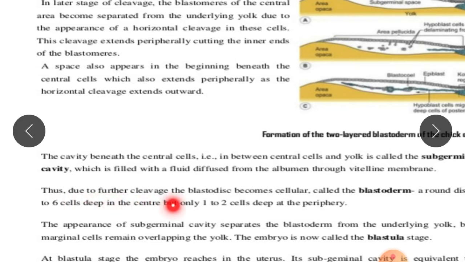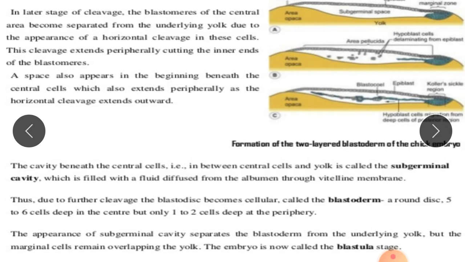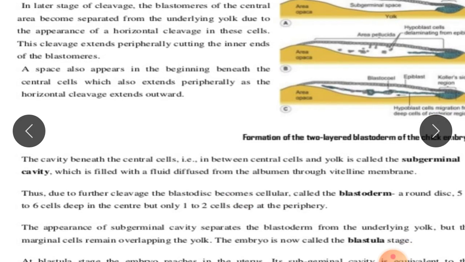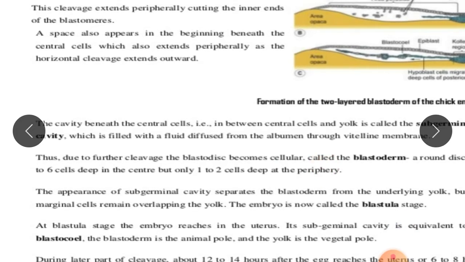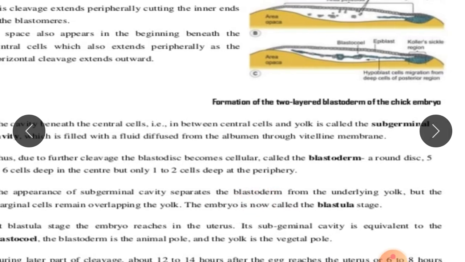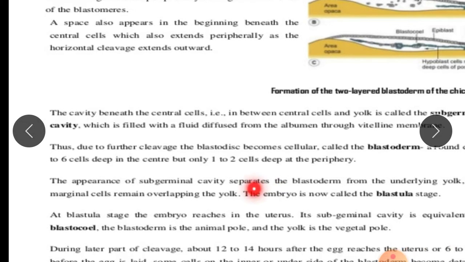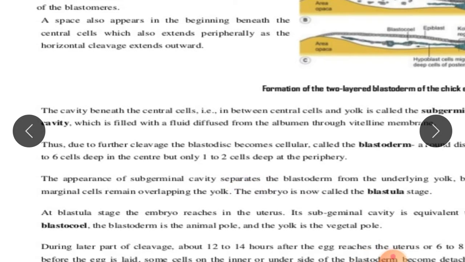Thus, due to further cleavage, the blastodisc becomes cellular, called the blastoderm. It is 5 to 6 cells deep in the center, but only 1 to 2 cells deep at the periphery. The subgerminal cavity separates the blastoderm from the underlying yolk, but the marginal cells remain overlapping the yolk.